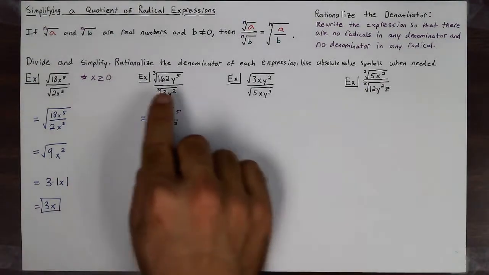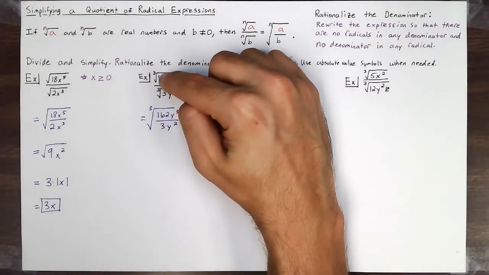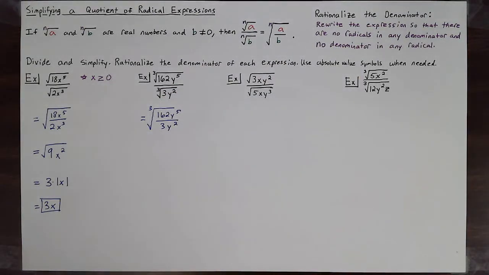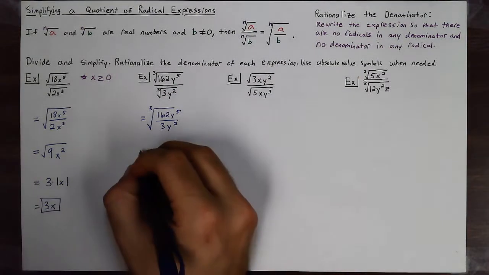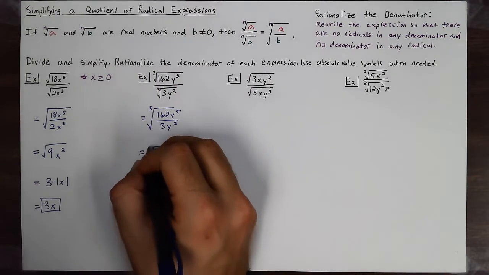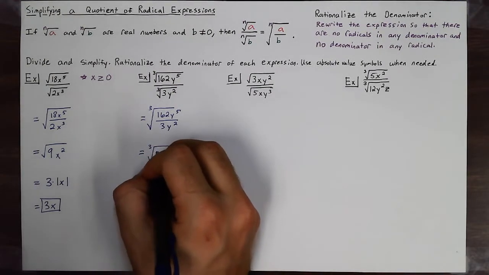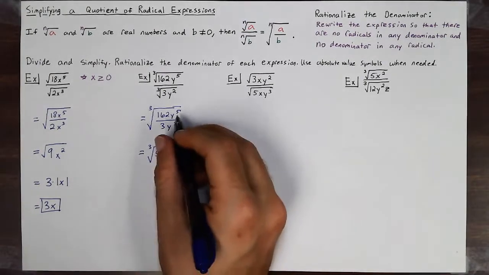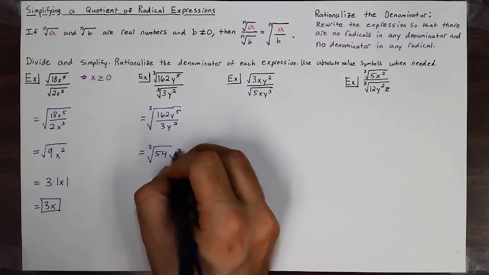Now, I have to divide 162 by 3, which is 54. So I have the cube root of 54. And then y to the fifth divided by y squared, 5 minus 2 gives me y cubed.